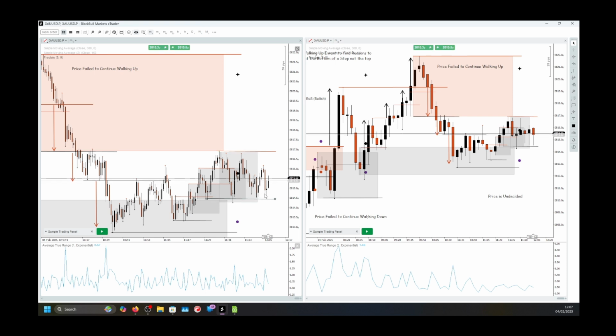The last time price was back at that level, right there, it only got to this point. Let's see how far it goes now, because if it doesn't break and make a new high, then the chances are price is going to drop off from here.